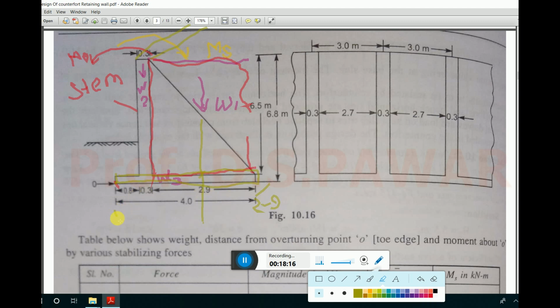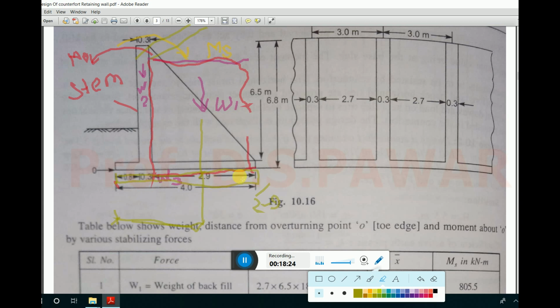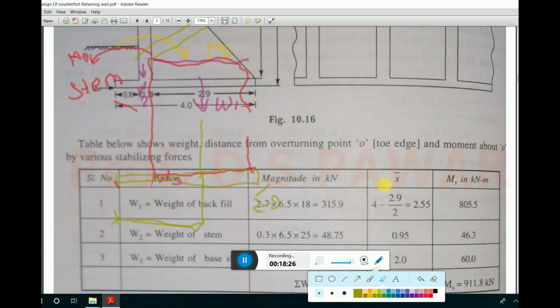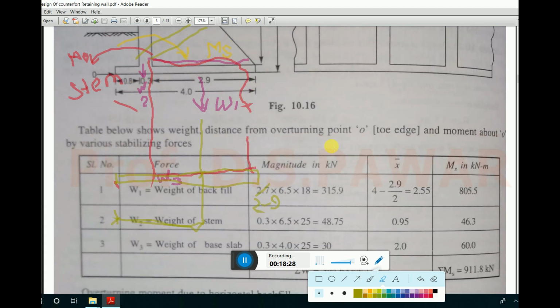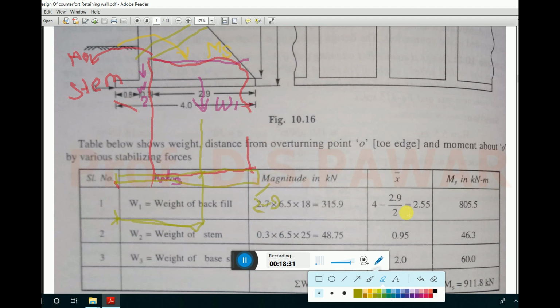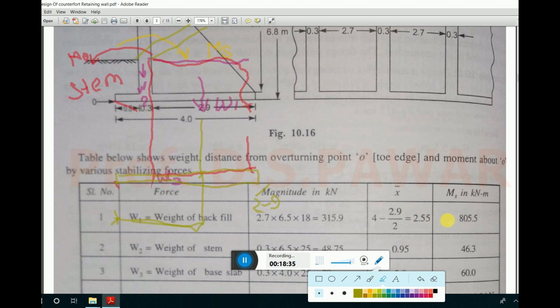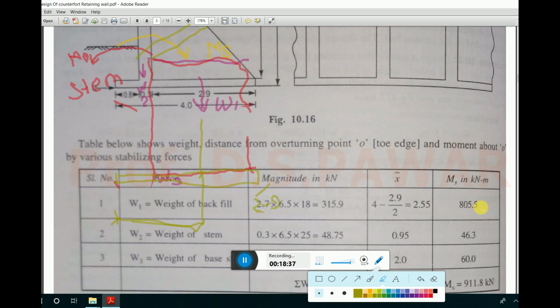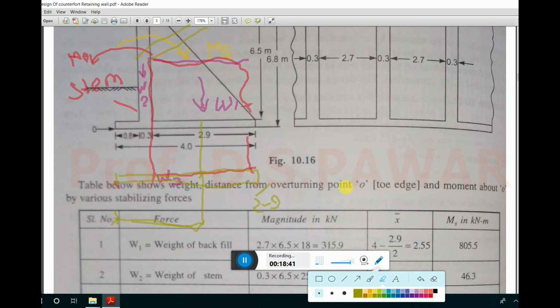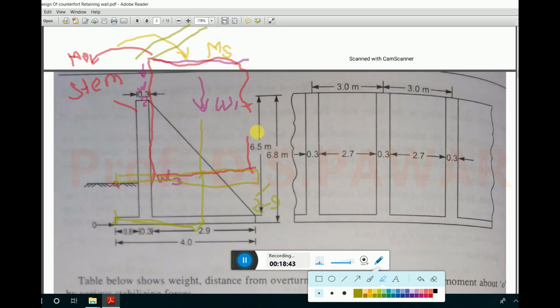To get the distance from point O, this distance will be 0.8 plus 0.3 plus half of 2.9. The addition of these gives a total of 4 meters, minus half of 2.9, so the distance is 2.55, and the magnitude is 805.5, the stability moment due to W1.